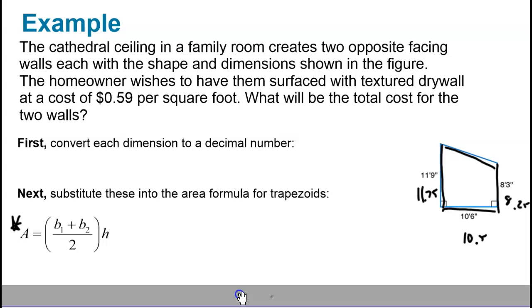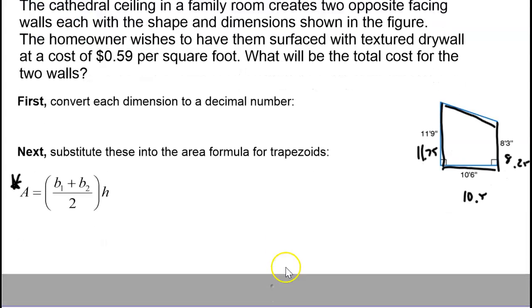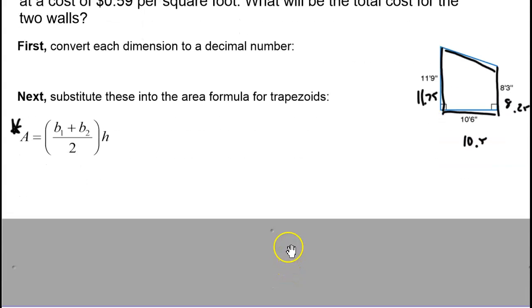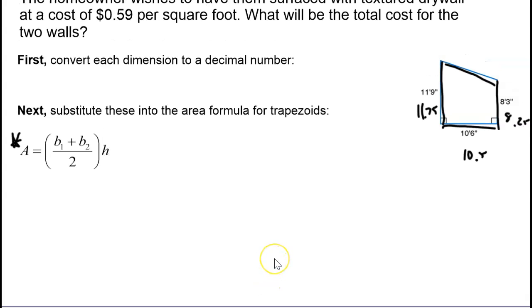Okay, so now we have those dimensions. Let's go ahead and substitute into here what we've got for our problem. And I'm going to actually get this down and give myself a little bit more space up here. Okay, and so let's go ahead and calculate this in.